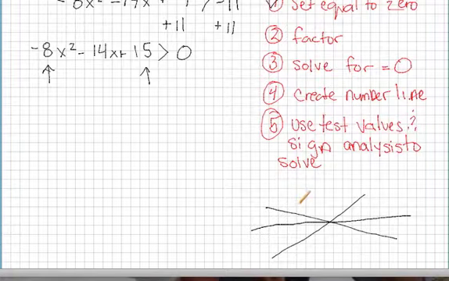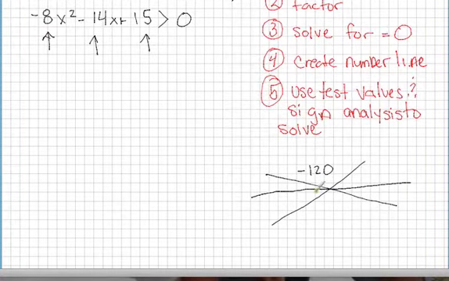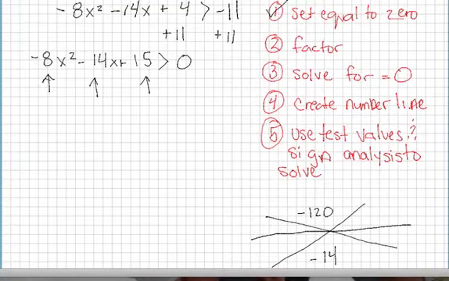So negative 8 times 15 is negative 120. And then we take the middle piece and stick it in the bottom, so negative 14 down here. And then we take the term in front of the x squared, negative 8, and stick that on both sides on the top.